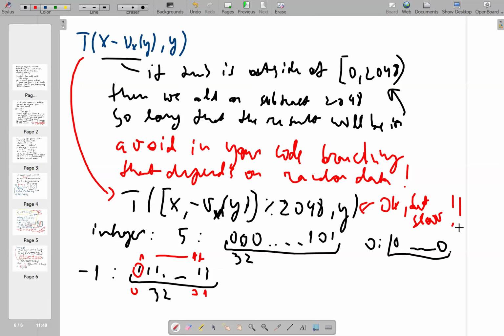But you remember it took the power of 2, and that is with a good reason. Because now, the remainder when dividing by a power of 2 is actually zeroing all the other bits except for the last ones we need. For 2048, how many bits do you use? It is 2 to the power 11, right?